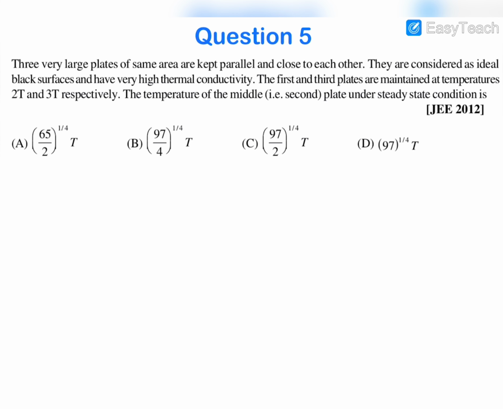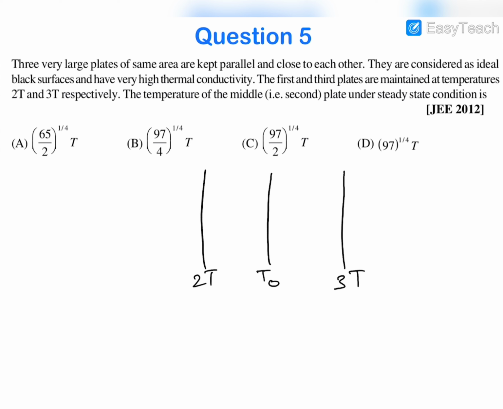In this question you can see there are three very large plates that are placed very close to each other like that, and they are ideal black bodies. The temperature of this plate is 2T and this is 3T, and we have to find out the temperature of the middle plate.